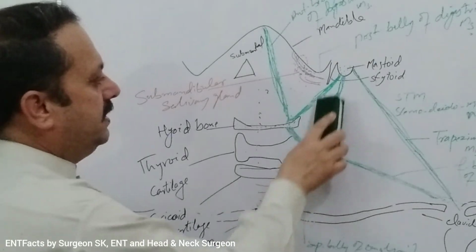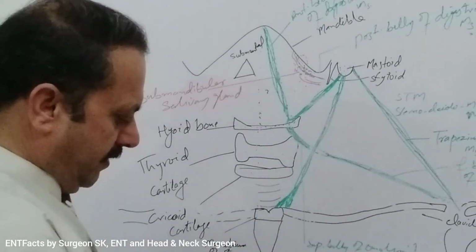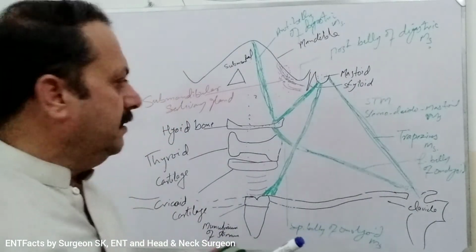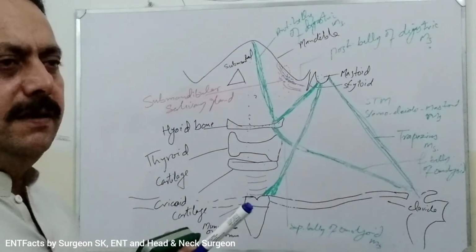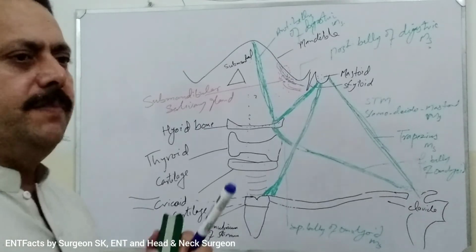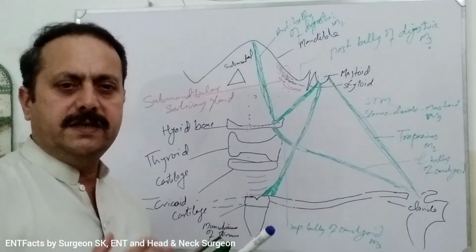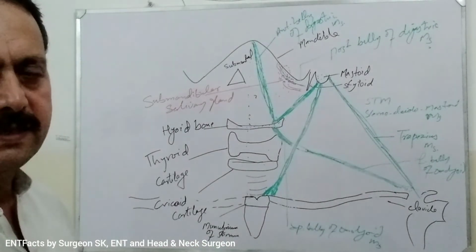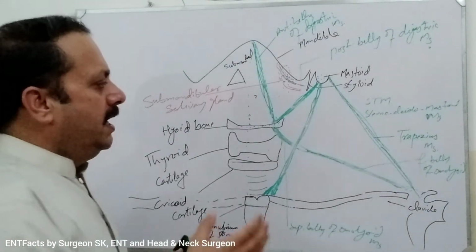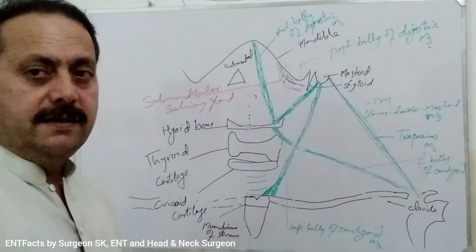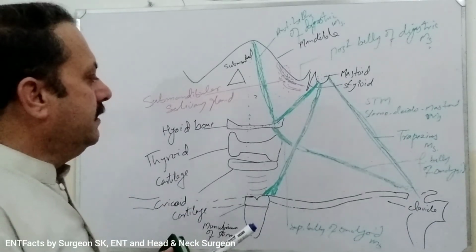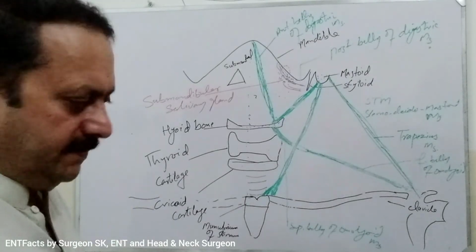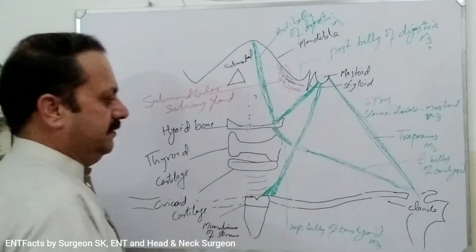This is a very important triangle because it contains the internal jugular vein, the common carotid artery, the bifurcation of the common carotid artery into internal and external carotid arteries, the branches of the external carotid artery, the carotid sinus, carotid bodies, and the hypoglossal and the vagus nerves lie in this carotid triangle.